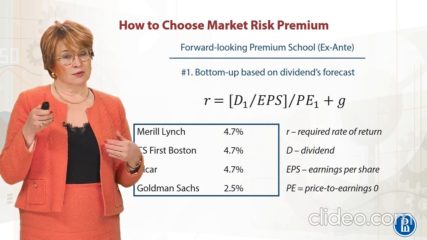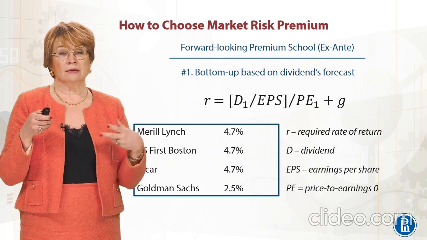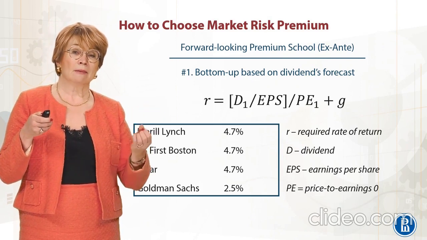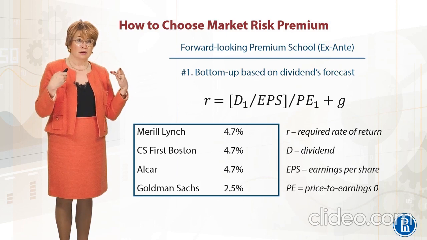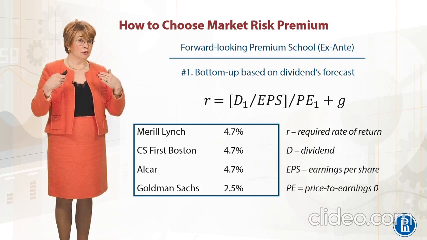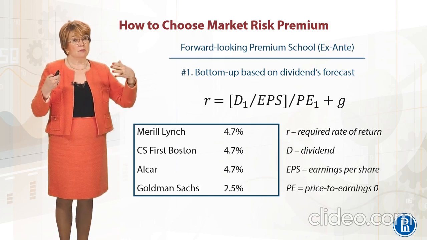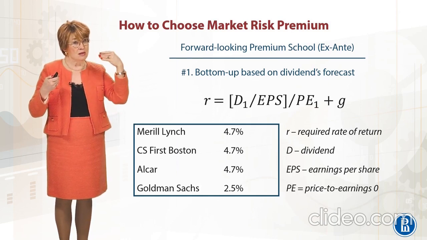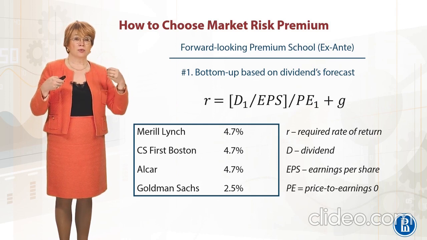Looking at that formula, we can say they are making forecasts for the dividends for the next year, dividend with the symbol 1, looking from now for many companies which would be included, let's say, in the Standard & Poor's 500 index or in the index of the New York Stock Exchange, whatever. They are also forecasting their price to earnings ratio, or PE coefficient, for the next period. They are also making estimates about their growth rates.